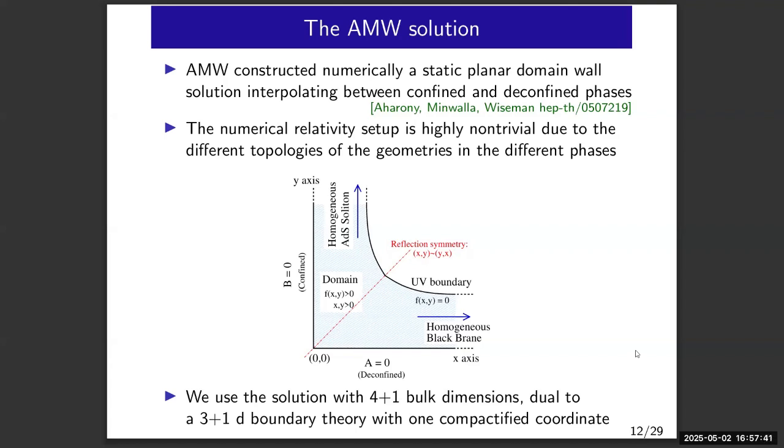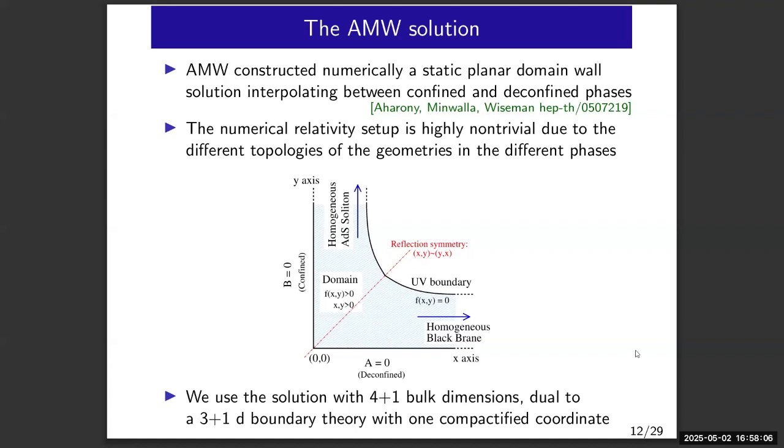So in this direction and in this direction, you asymptotically approach the geometries of the two different phases, whereas this region here in the middle is the domain wall region. So they have this very complicated solution, but after you have solved it, you can use the holographic dictionary. It's very well known at this stage to compute observables.